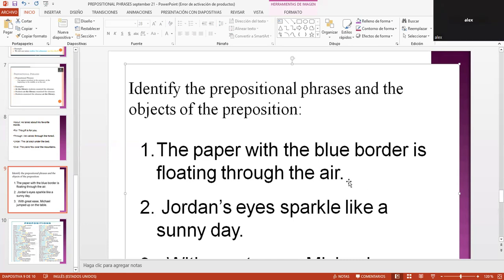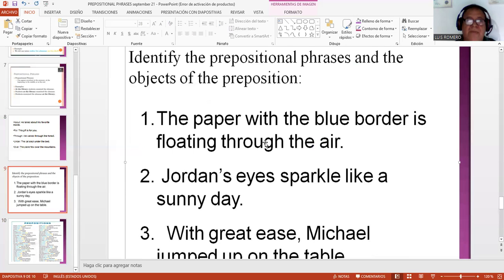Okay, the paper with the blue border. Do not include the paper, just with the blue border, because the prepositional phrase starts with a preposition. Don't forget that. So, what is the prepositional phrase then? With the blue border. That's right. Very good.